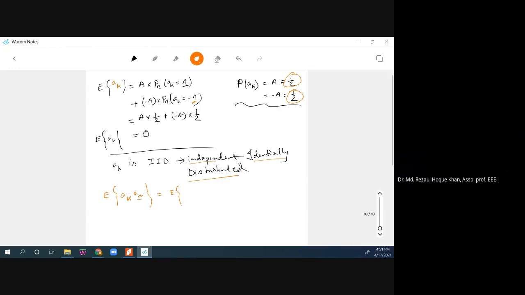What is the expected value of these 2 digits? We say they are independent, so we can write them independently, under the condition that k is not equal to m.